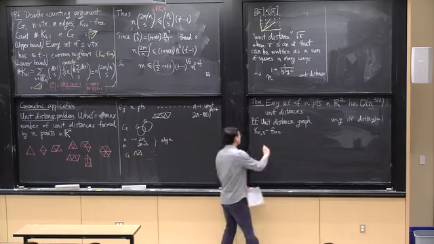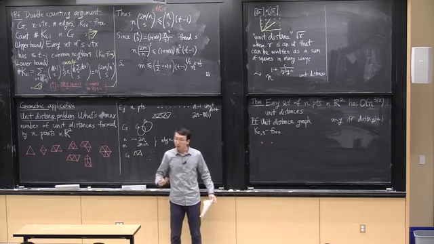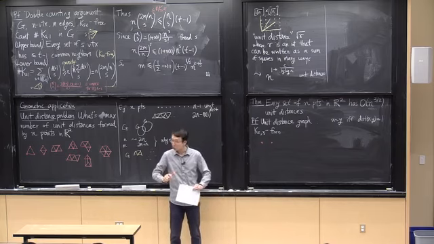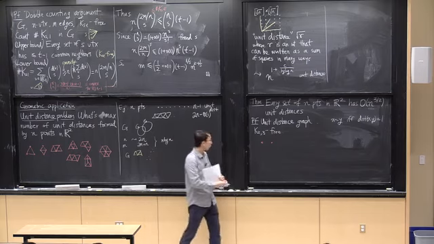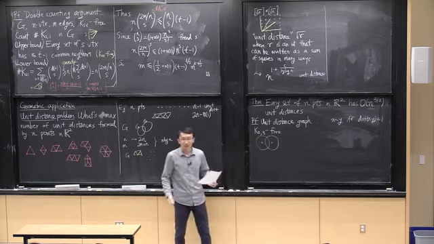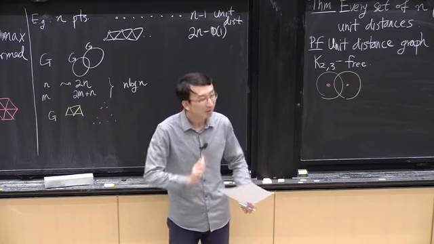Why is that? Because if you have 2 points, what are their common neighbors? Their common neighbors must all be at distance 1 from each of the 2 points. So their common neighbors must lie on the intersections of the unit circles centered at these 2 points, and they meet at most 2 points. Okay, so it's K_{2,3}-free.